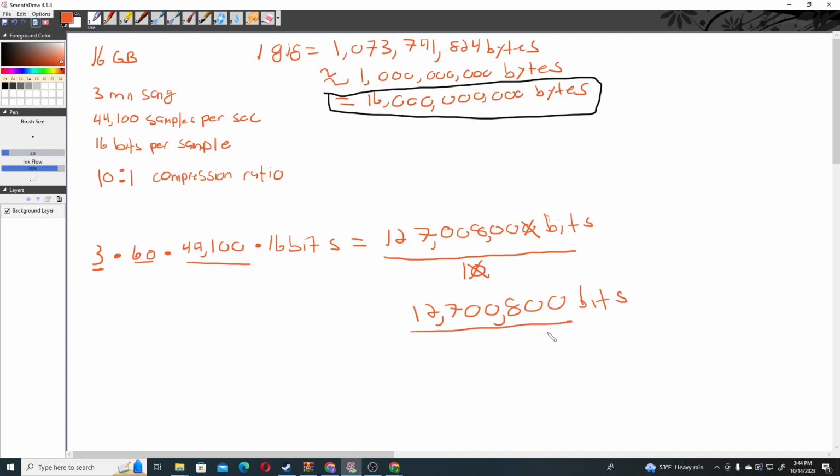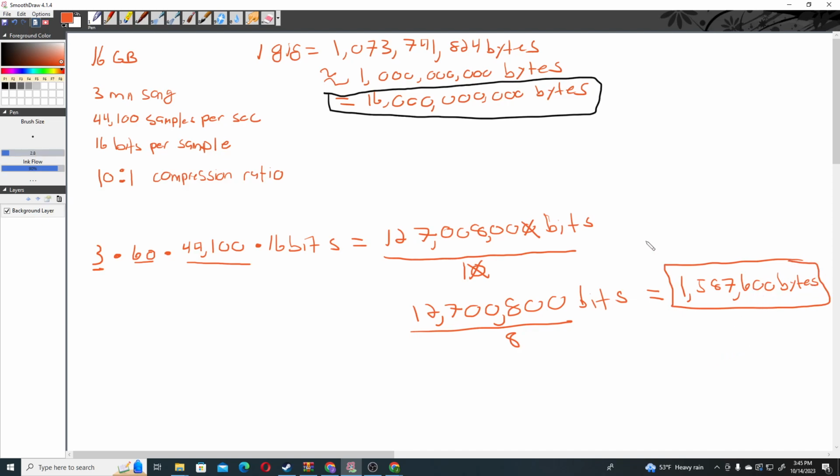Divided by 8, because we're converting. We already did the compression ratio. We're converting it to bytes. And we get 1,587,600 bytes. All right, so now we figured out how many bytes every song is.